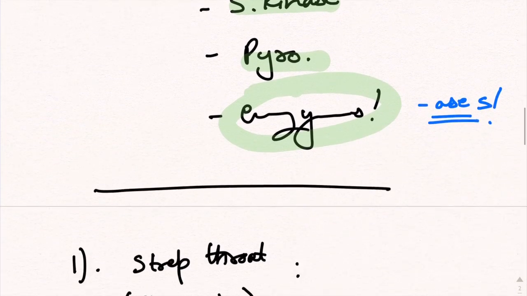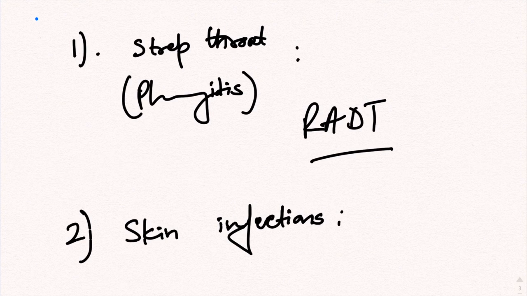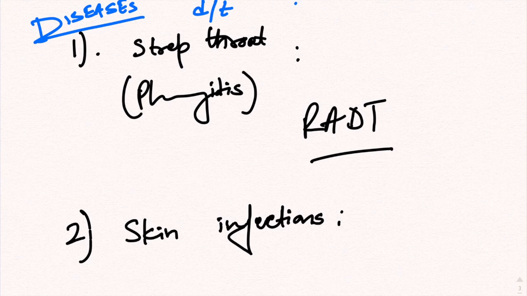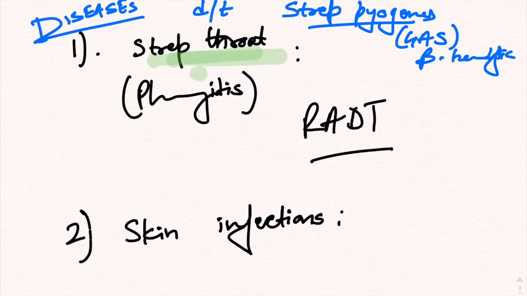All right, so let's rush to the diseases it causes. It causes a host of diseases, and let's start with the most common, which is strep throat, also called pharyngitis. Pardon my writing.